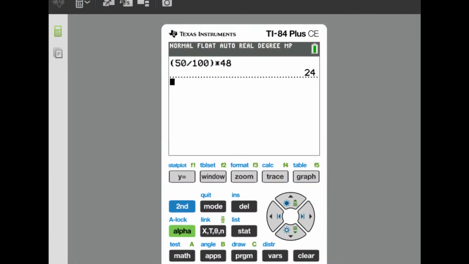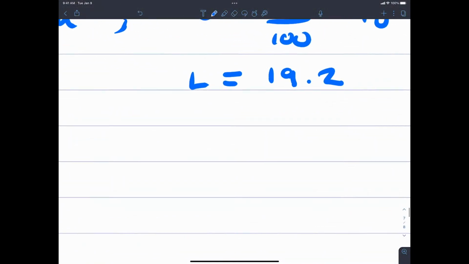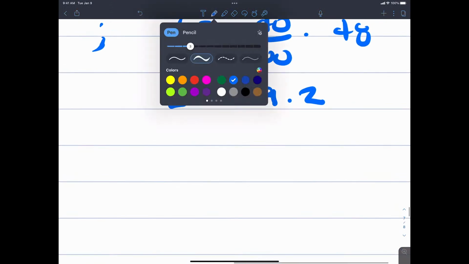Okay. So again, you're going to put what? 40 divided by 100 times 48. What's that going to give you? 19 point what? 19.2, ladies and gentlemen.